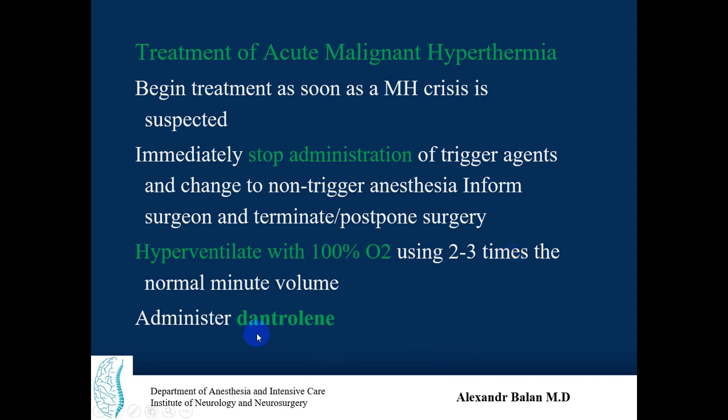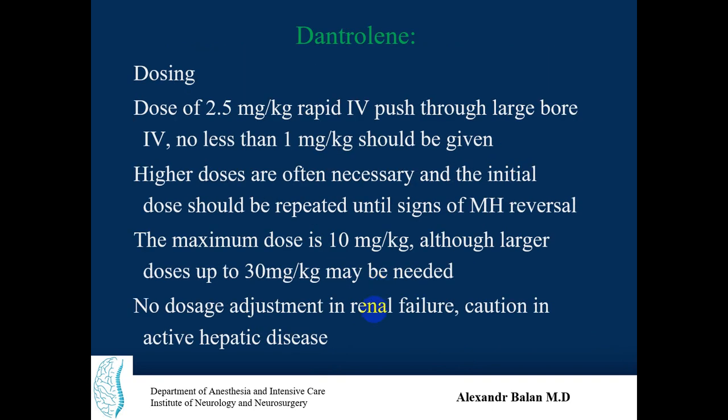And administer dantrolene, which is the only one proven to help and work in MH. So dose of 2.5 milligram per kilogram rapid intravenous push through a large bore intravenous catheter or central venous catheter if it is placed already, and no less than 1 milligram per kilogram should be given.